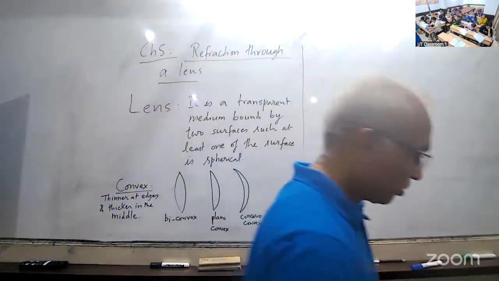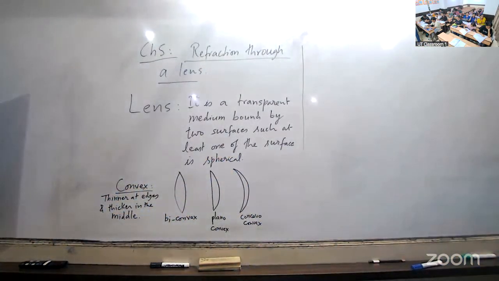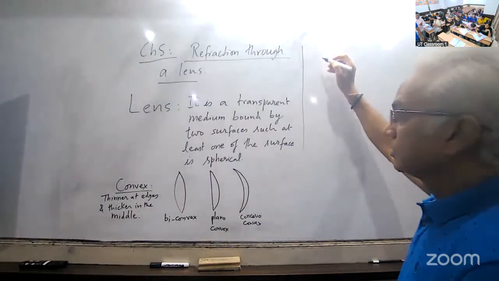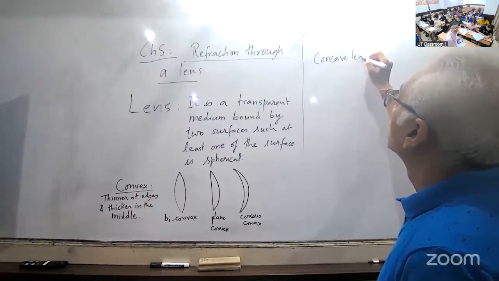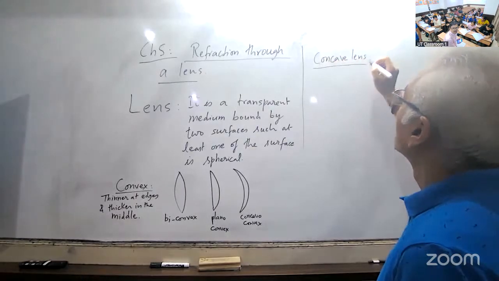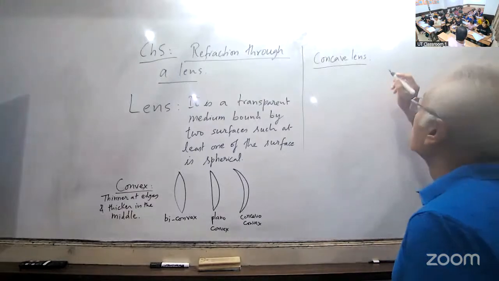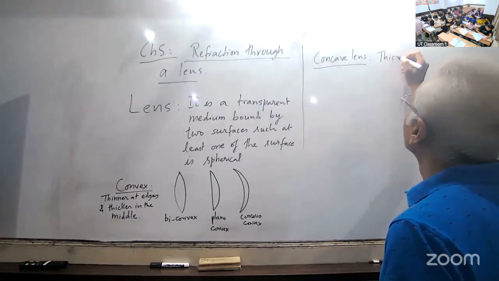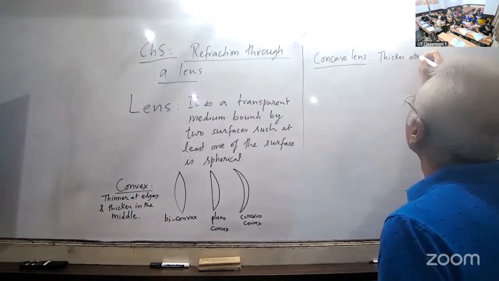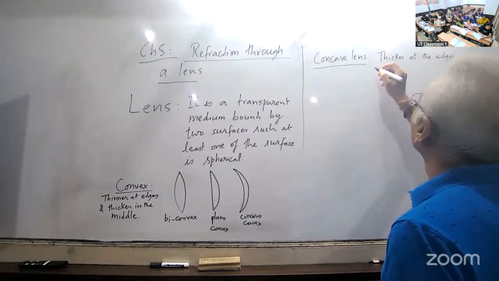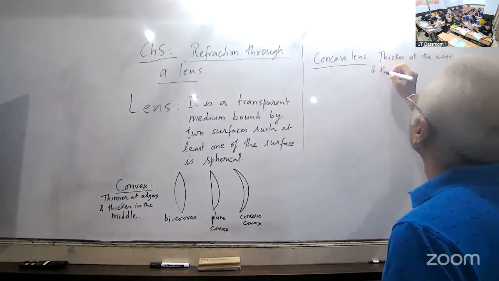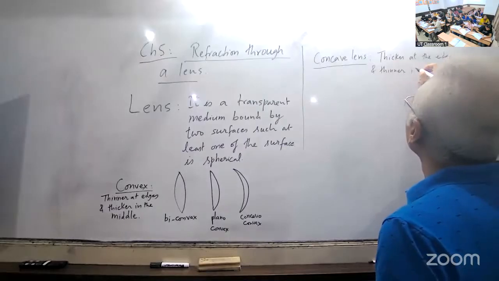So depending upon the type of surfaces, the lens gets its name. Then the other type of lens we have is the concave lens. What is a concave lens? It is thicker at the edges and thinner in the middle.